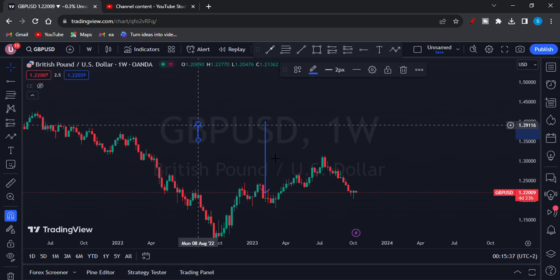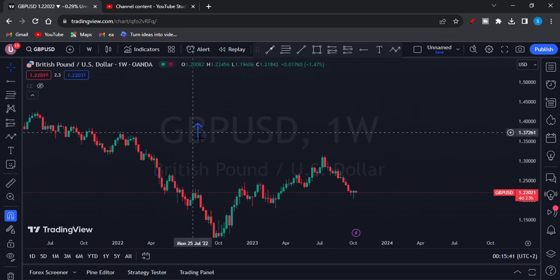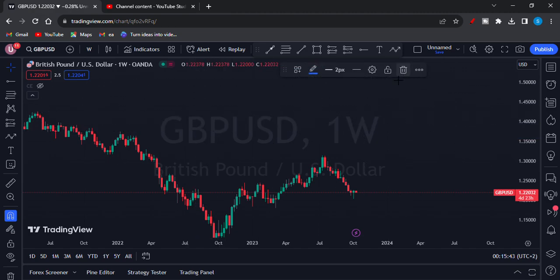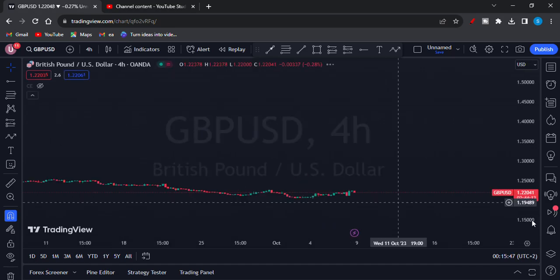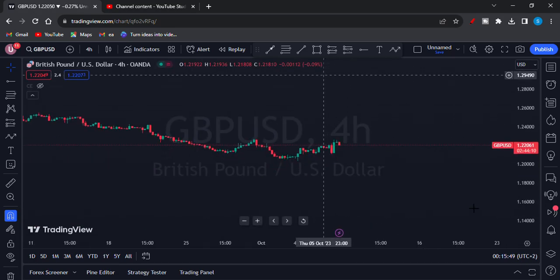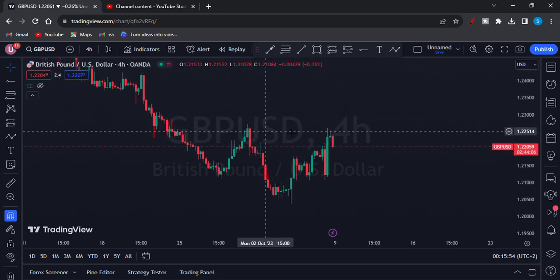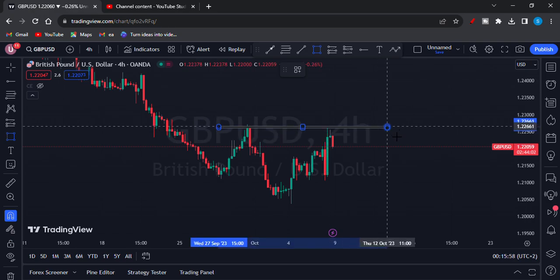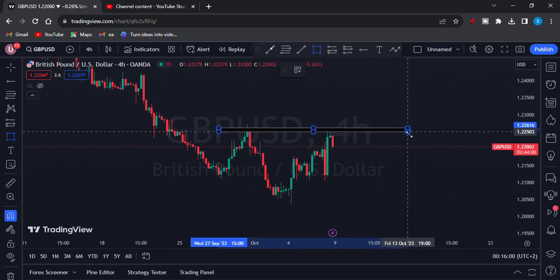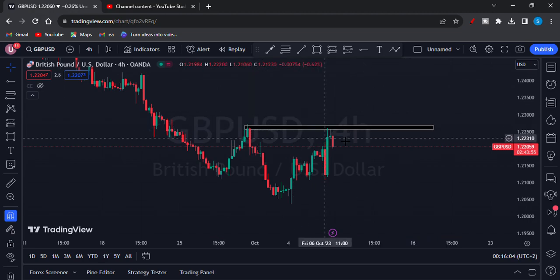So we need to favor the USD at the moment. So we need to sell. So let's go to the 4-hour. On a 4-hour, what I saw is this zone right here. So let's go to the hour.